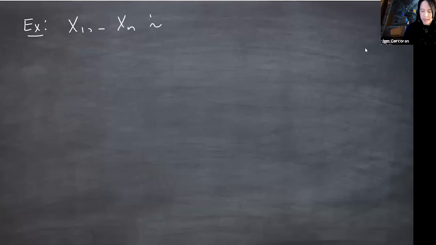Let's do one more UMVU, and then let's get into minimal sufficiency. So the final UMVU I wanted to do is to start with x1 through xn, IID uniform 0 theta. Now we already found the UMVU for theta, and it was based on the maximum because we have 2 steps to the Lehmann-Scheffé theorem.